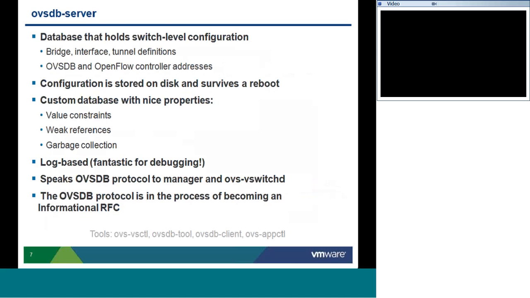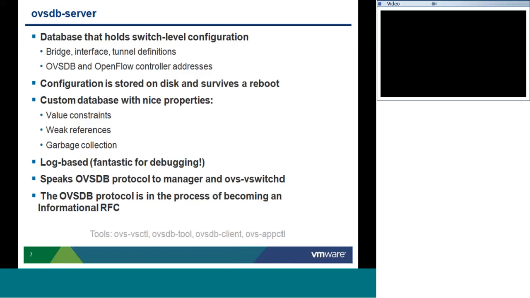At the bottom you can see the tools I mentioned that describe how you can interact with OVSDB server. As I mentioned, ovs-vsctl is used to do configuration like adding a bridge. That's a high-level description of the commands that you can run, like add bridge, add port, so it knows how to do those things.